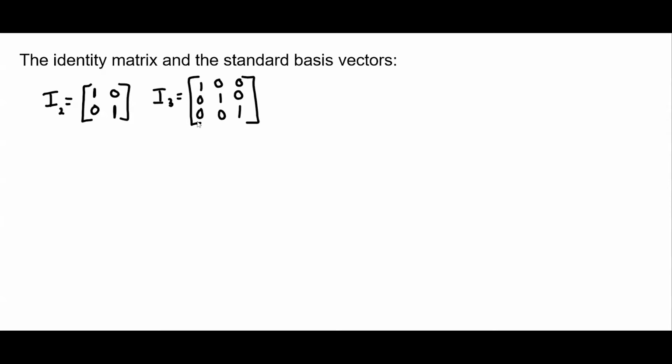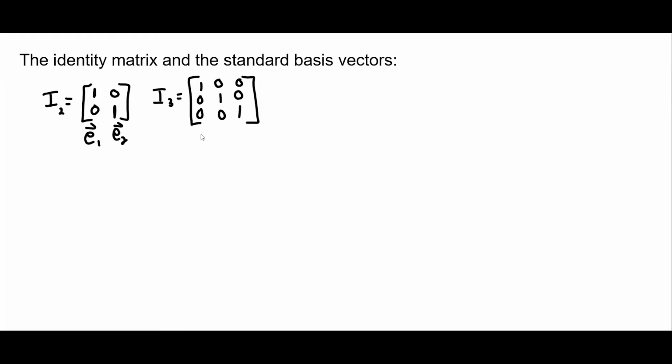Now the columns of these identity matrices are what we call the standard basis vectors. So if you take engineering or physics, you might call these i, j, and k, right, in 3 dimensions. In 2 dimensions, (1, 0) we would call E1, and (0, 1) we'd call E2.